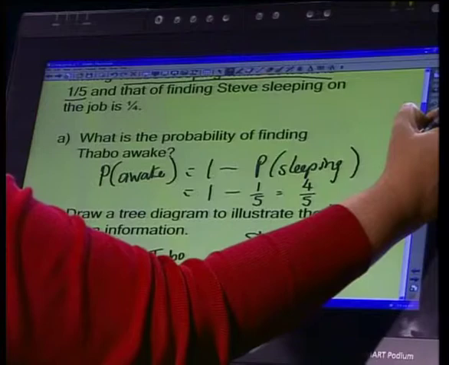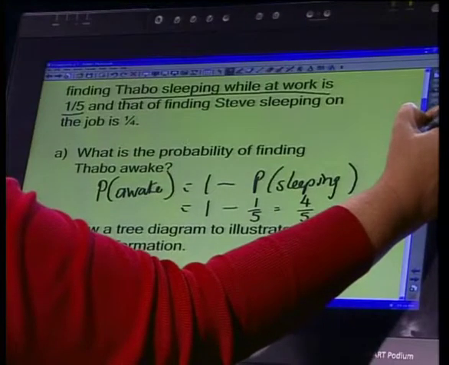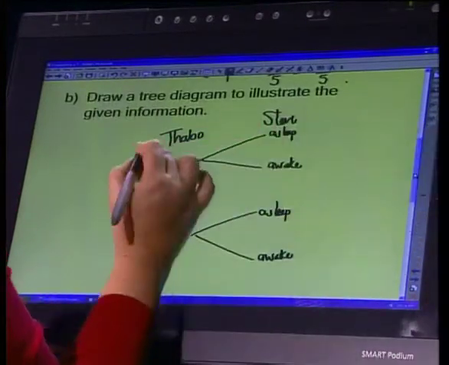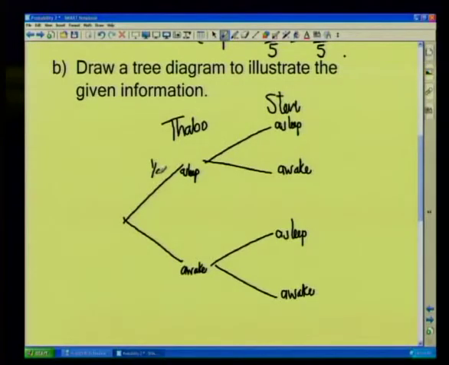We know that Tabo slept at work 1/5 of the time, so he was asleep 1/5, and we've just worked out that he was awake 4/5. Like I said earlier, these two numbers should add up to one whole, because those are the two options. If there were three options, all three of those would have to add up to a whole too.